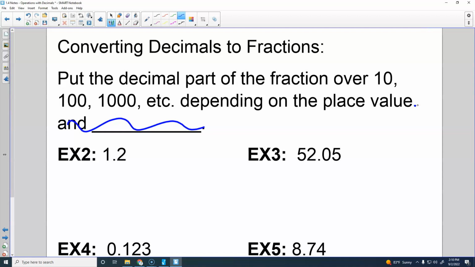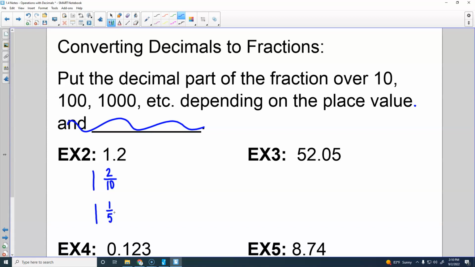So if we are looking at 1.2, our whole number is 1. And then we would have 2 over, what do I use here? 10. Okay? And then 2 over 10 will reduce, what is it? 1/5.